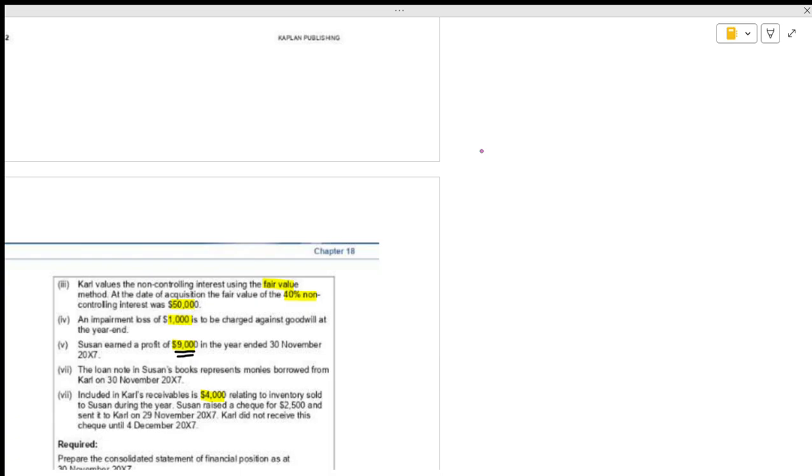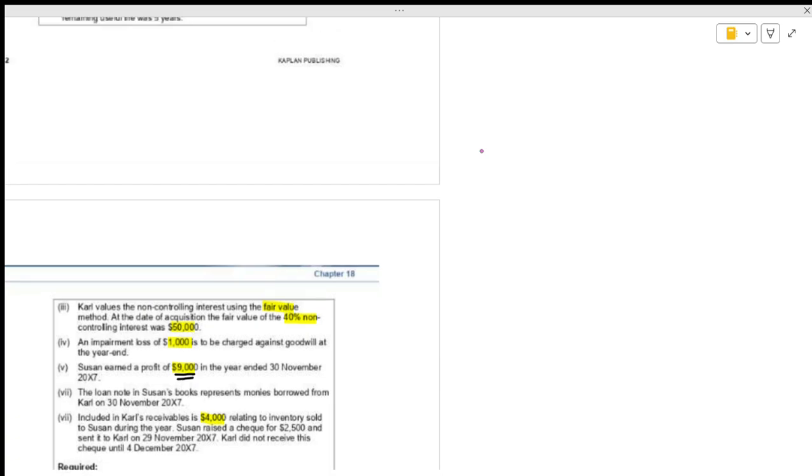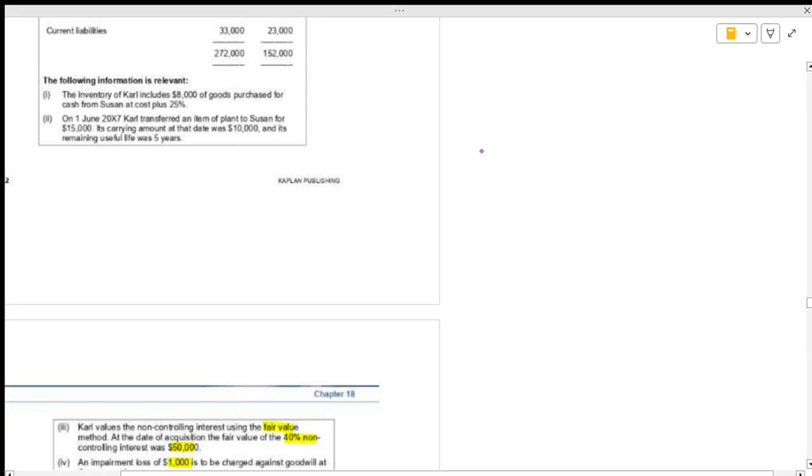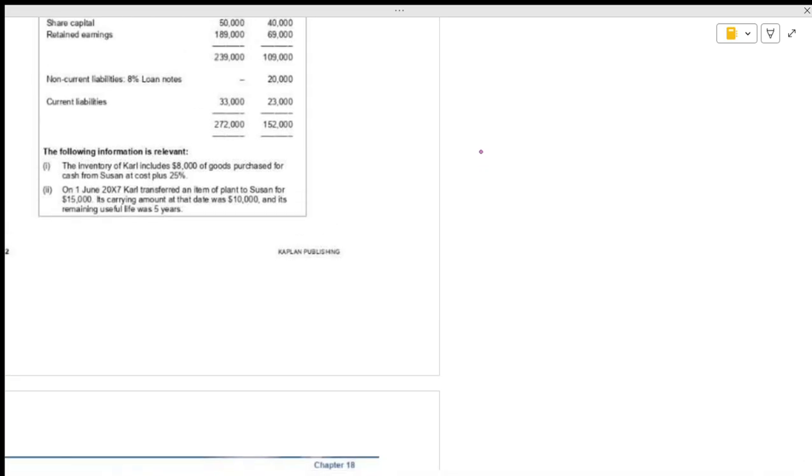How much is the unrealized profit? See the things. 8,000 times 25 by 125. 25 divided by 125 comes to 1 by 5, and 1 by 5 of 8,000 means 1,600.